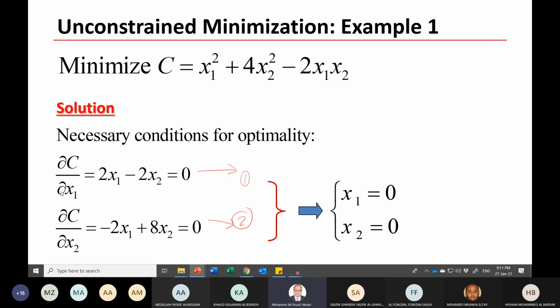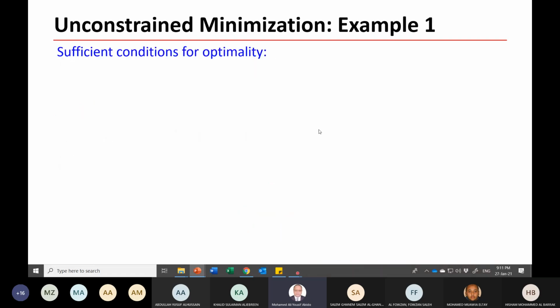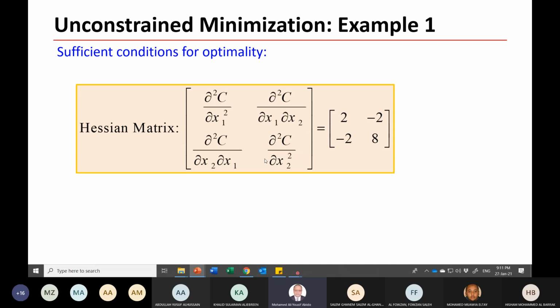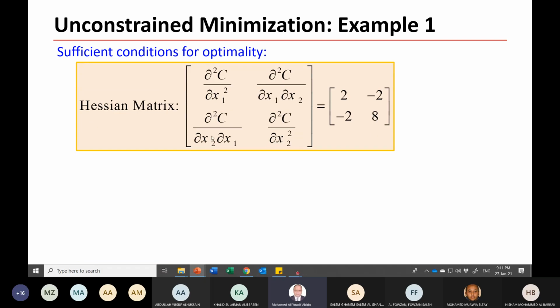Okay, let us take the second derivative: partial square c by partial x1 square, partial square c by partial x1 x2, partial square c by partial x2 square, and so on. So we can form the Hessian matrix. This is the Hessian matrix, and here the Hessian matrix is constant. We don't even need to substitute.